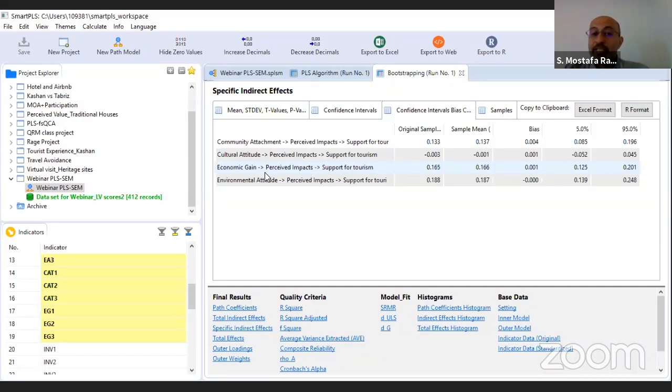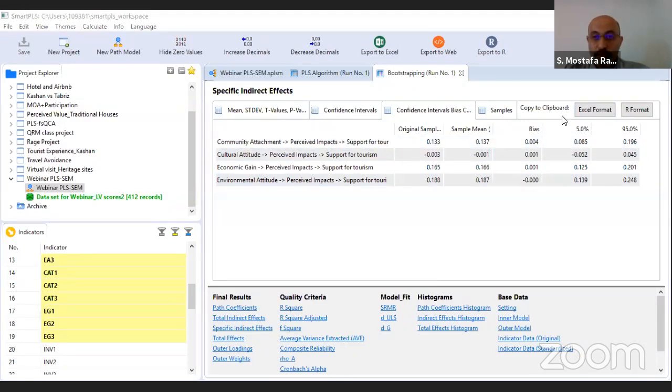Perceived impact mediates the relationship between economic gain and support. And the last one also is significant because 0 is not between 0.139 and 0.248. So based on this, we can report indirect effects and assess mediation hypotheses.